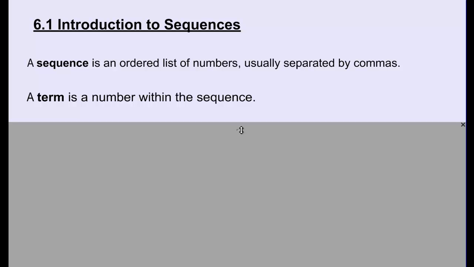Like for instance, a sequence can have a set number of terms. If I'm talking about how many odd numbers exist between the numbers 1 to 100, we know that there are going to be 50 terms in that sequence of numbers if we wrote them all out. 1, 3, 5, 7, and so on all the way to 99. So term is defined as just one of the numbers within that sequence.